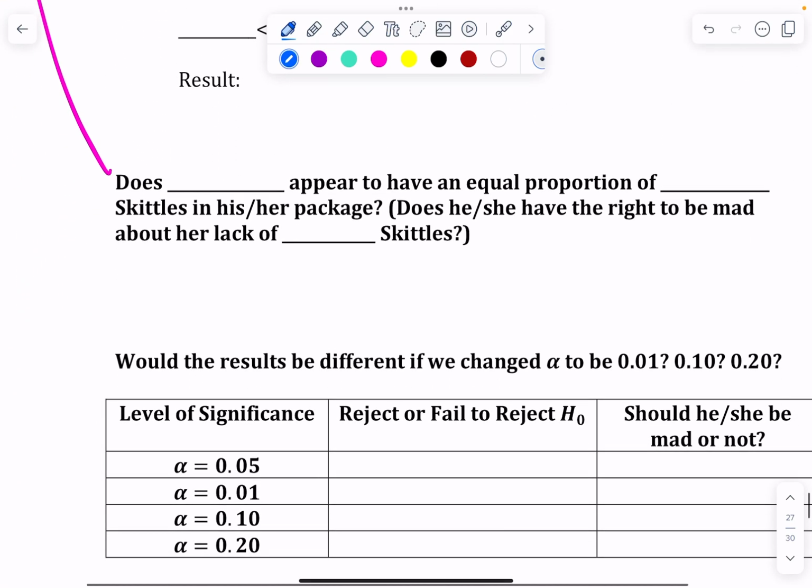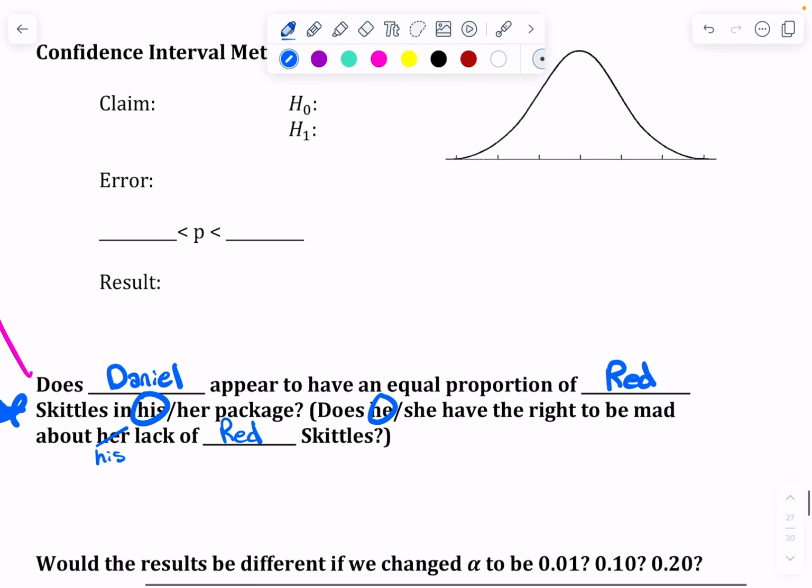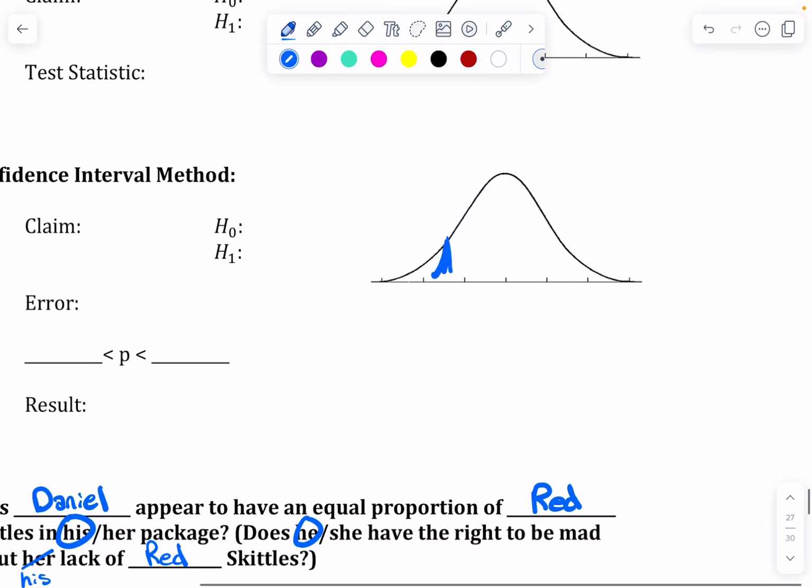So like this first one, does Daniel appear to have an equal proportion of red Skittles in his pack? Does he have the right to be mad about his lack of red Skittles? Okay, so basically based on the information, when we have our two tails, 20% would be in the middle here.